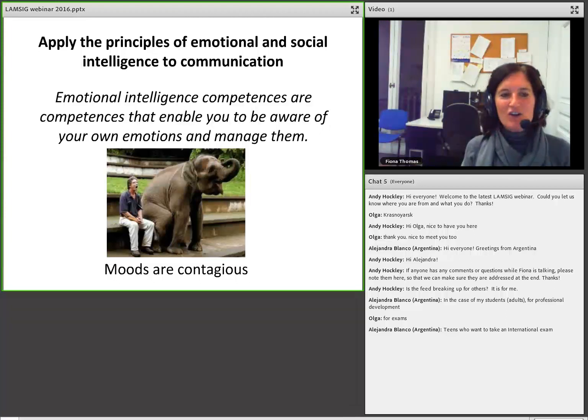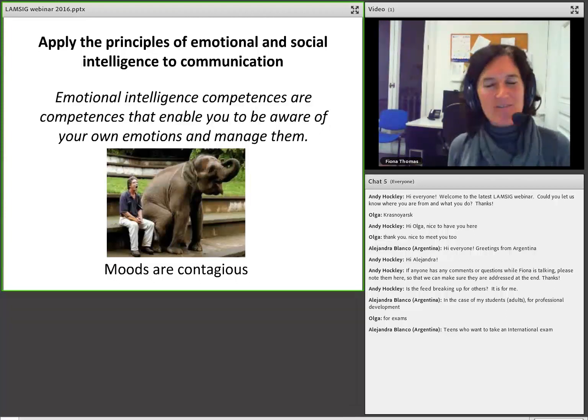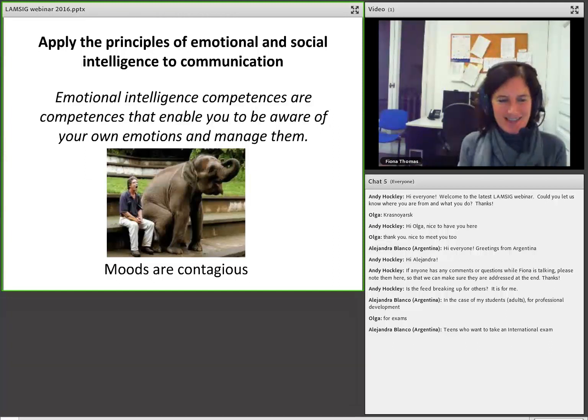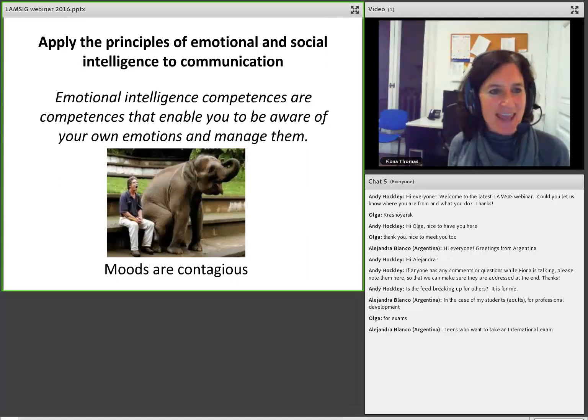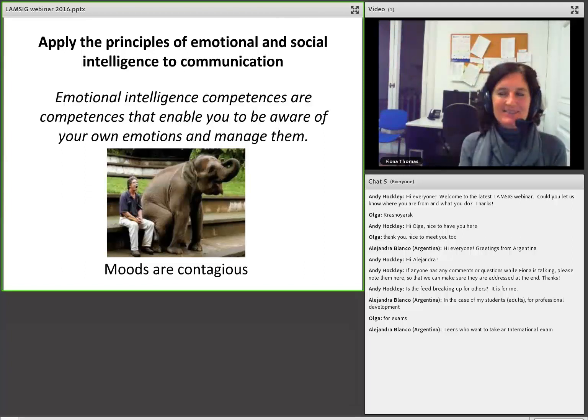If you're in a good mood and you're having a good day, you will transmit that to anybody you communicate with, be them students, teachers, parents, it doesn't matter who. You can see and feel happy, cheerful people. And it's wonderful being surrounded by a happy, cheerful person who's on top of the world. You want to listen to what they're saying. You want to communicate with them because they send off these very positive vibes.